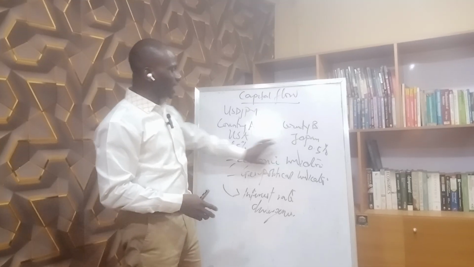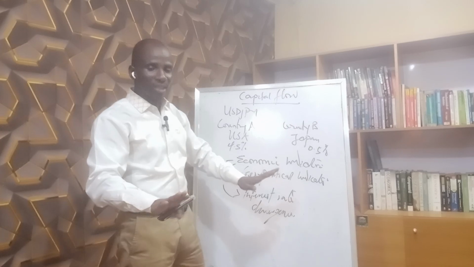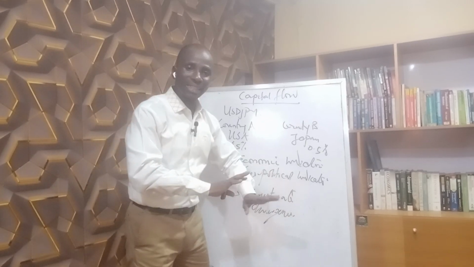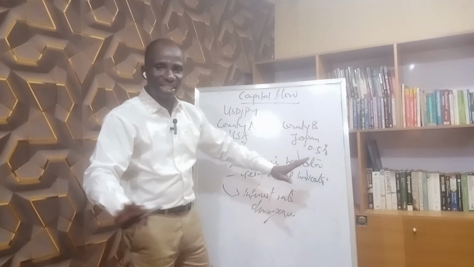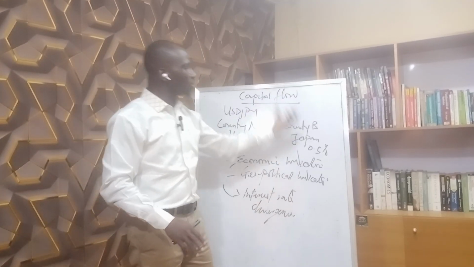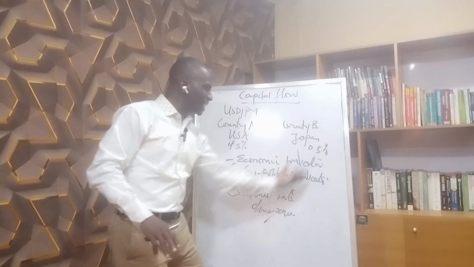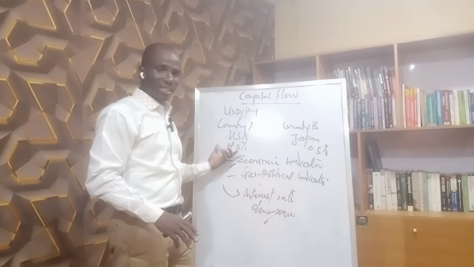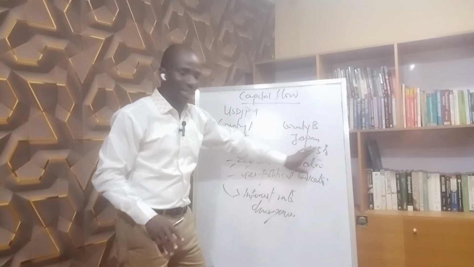So apart from the economic indicator, when there is a risk on, which means there is no geopolitical tension, no war, no pandemic, no regional conflict anywhere, the average investor wants to move their capital from a low yield currency or country into a high yield currency or country. Of course, that is the economic stance or indicator.